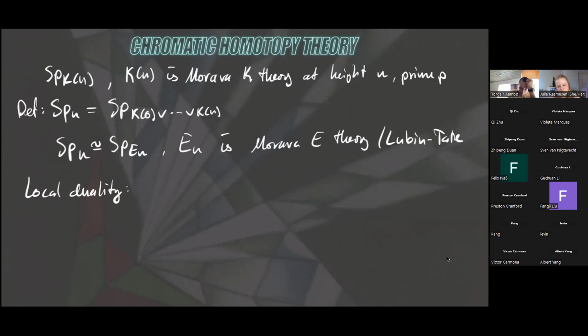So if I have some E_n-local spectrum, some spectrum in this category, so I have some X, then I have a fracture square relating this E_n-local spectrum to the K_n-local one and the E_{n-1}-local one.